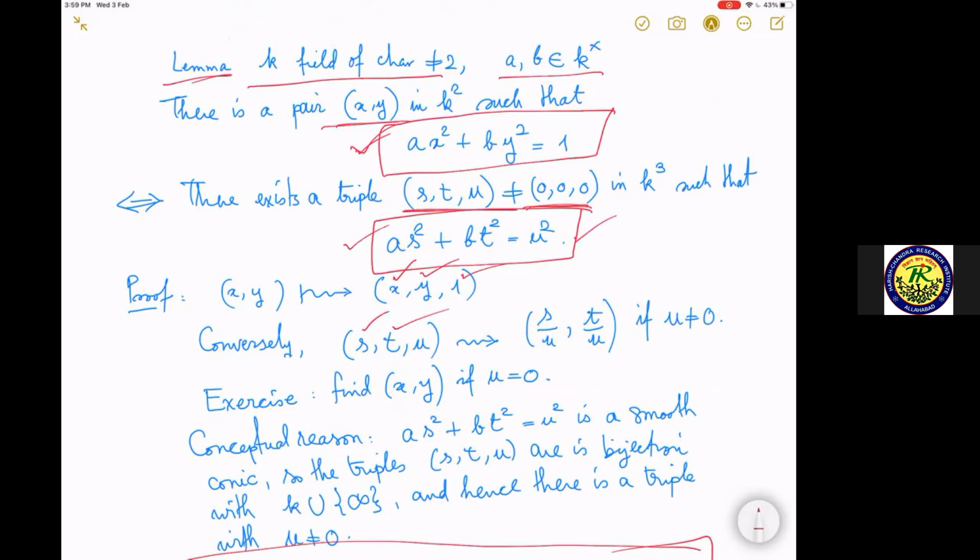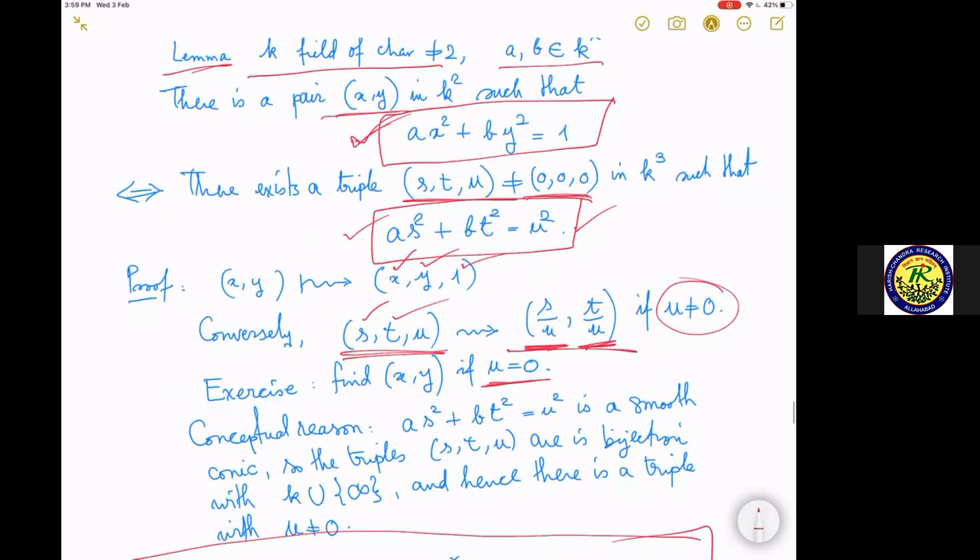But the other direction, suppose you have a solution s, t, u to your homogeneous equation, then of course you can divide by u, if u is non-zero, to get a solution x equal to s over u, y equal to t over u of this non-homogeneous equation. But you have to work a little harder if u is equal to 0. And I'll let you do the work.